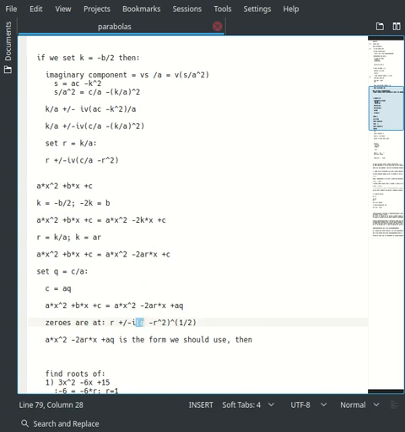So b and c, divide them by a in the first place. Okay, that's one way to look at this. And when you do that, you just straight up get this value, and your real part is negative 1/2 of b. Right. So now you've got this. This is more accurately the form that you should be using, right?